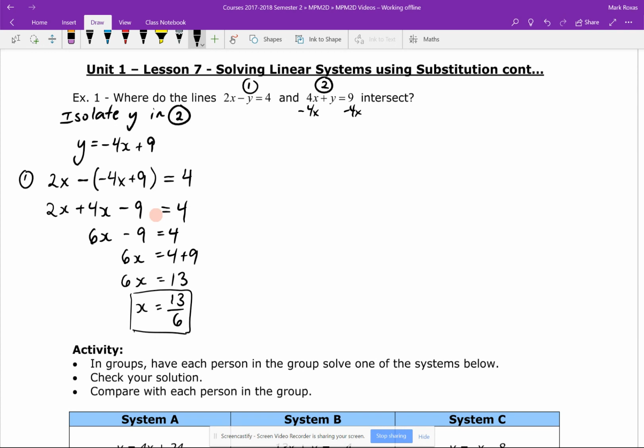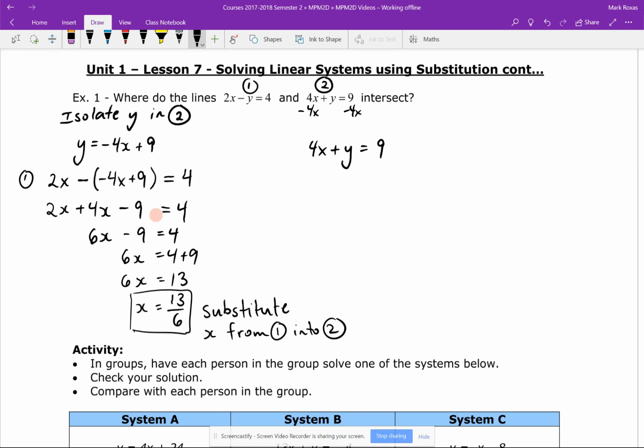Okay. So our next step here is going to be to substitute x from equation 1 and put it into equation 2. So let's write it out: 4x plus y equals 9.